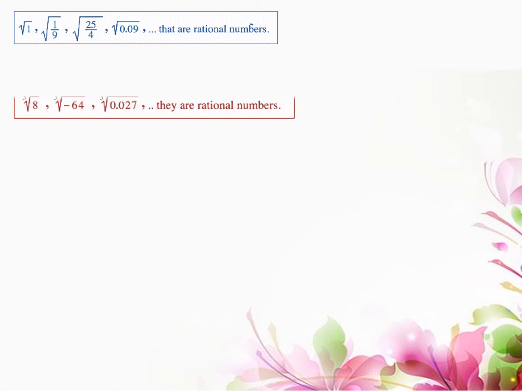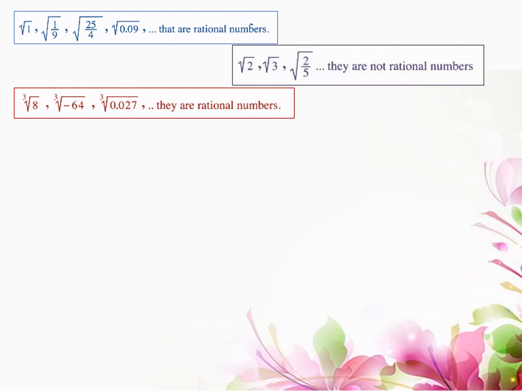By the same way, the cube root of perfect cube numbers like 8, negative 64, and 0.027 are rational numbers. But the square root of non-perfect square numbers are not rational numbers.